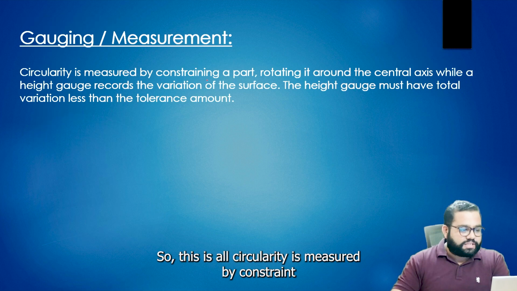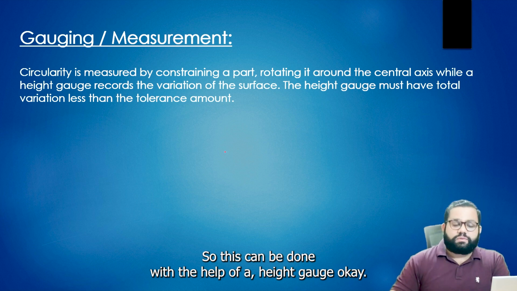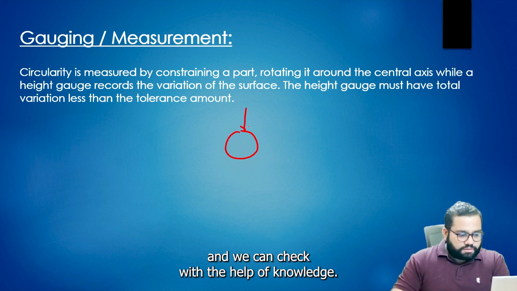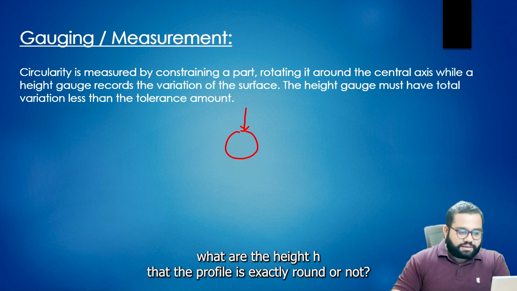Circularity is measured by constraining a part and rotating it around the central axis. This can be done with the help of a height gauge, where we can rotate the part at any given cross section and check with a dial gauge whether the profile is exactly round or not.